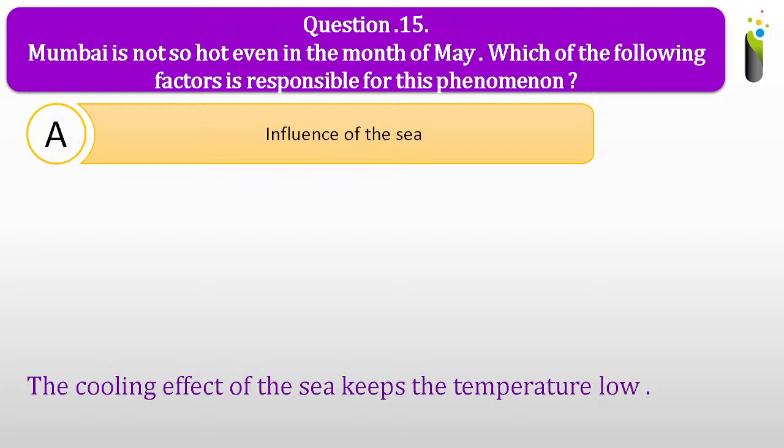Mumbai is not so hot even in the month of May because of the influence of the sea. The cooling effect of the sea keeps the temperature low. So Chandan Pratap Singh, you are right. Classic Entertainment, you're right. Arushi Shah, you're right. Dhruv Girish, you're right. Perfect answer.